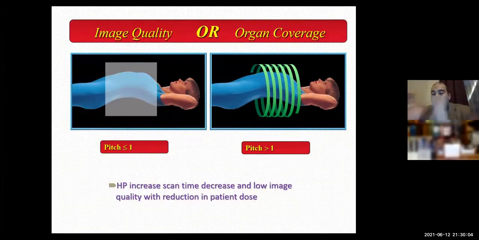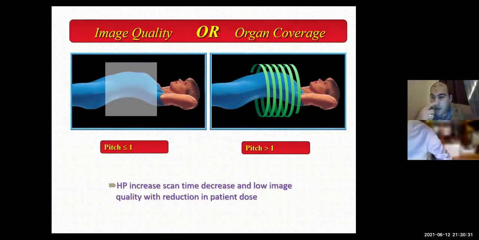So you can use pitch greater than 1 in case of chest, abdomen, pelvis, triphasic, angiography. But use pitch less than 1 in case of CT scans that need high resolution, like CT petrous bone, like CT for wrist, for ankle, for foot. So you have to select pitch less than 1.